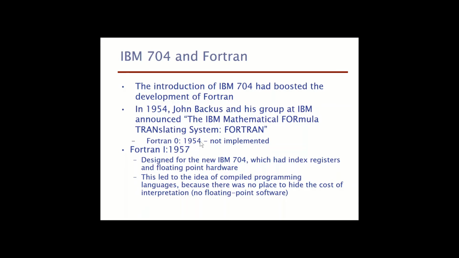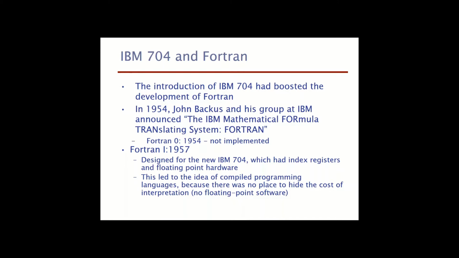Next, what happened? The same team strived hard to come up with an implementation, so they came up with a new version of Fortran. They called it Fortran 1. One of the main ideas that led them to Fortran was the difficulty of dealing with floating point in hardware.